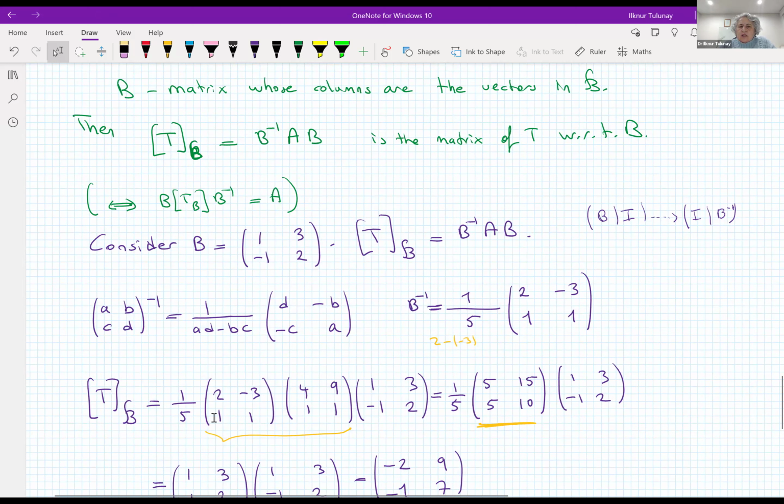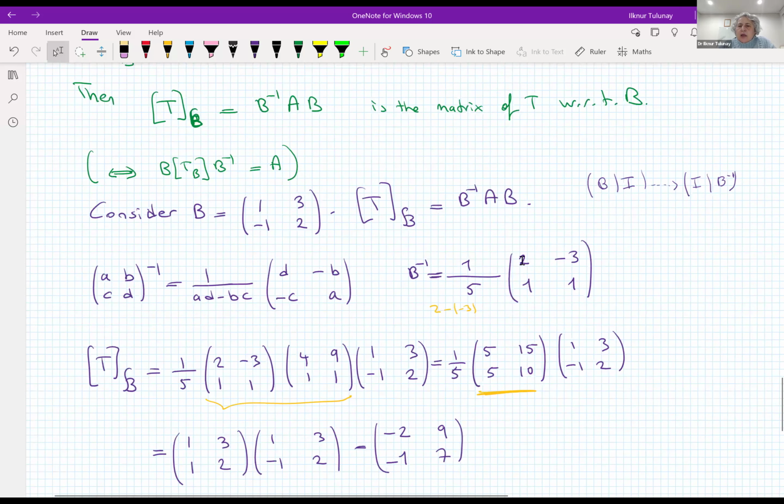This times this is 4 plus 1, which is 5. This times this is 9. This times this is 1. So together it is 10. So the multiplication of these two gives me this matrix.